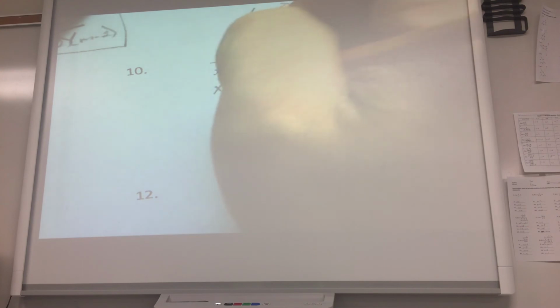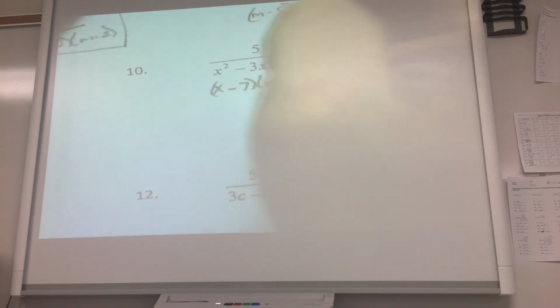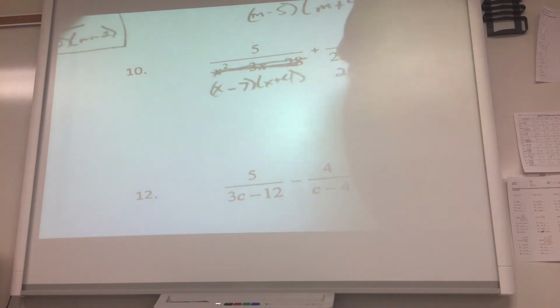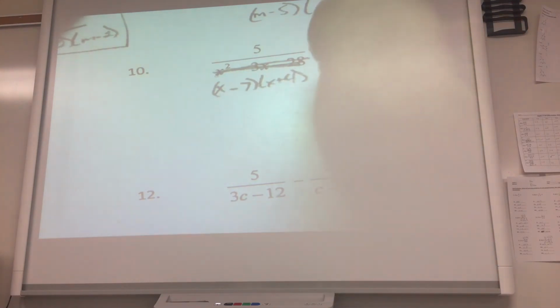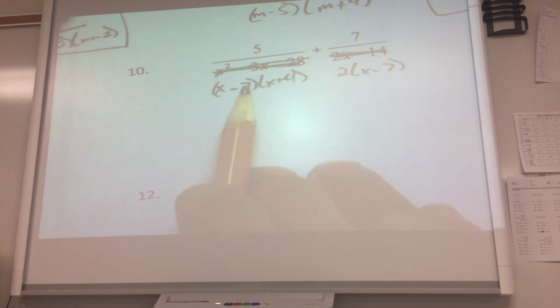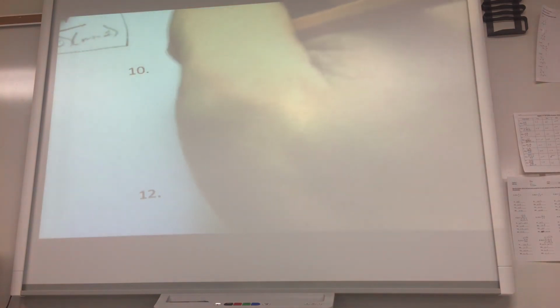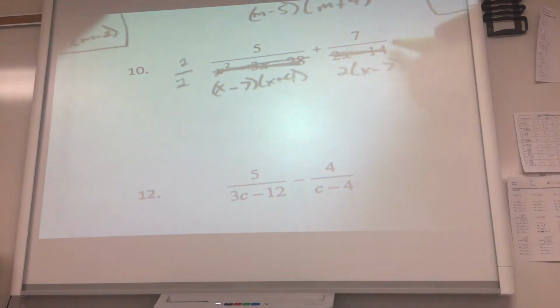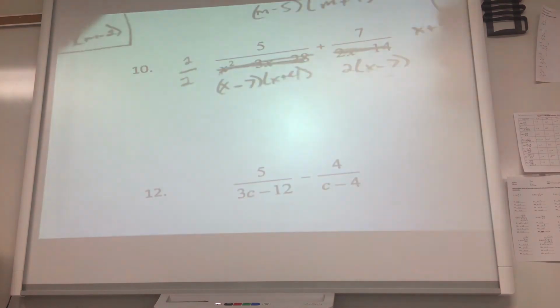x minus 7, x plus 4. That's that factored. This one is 2 times x minus 7. That's that factored. Okay, what is this side missing that side has? 2 over 2. What is this side missing that this side has? x plus 4 over x plus 4.